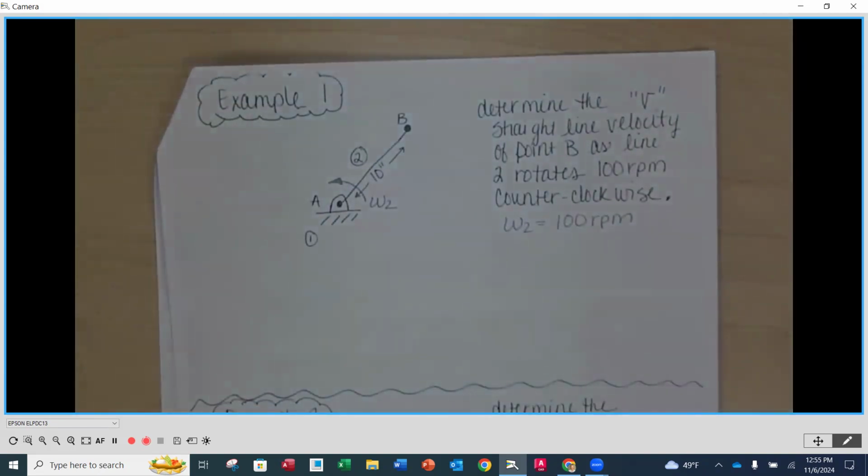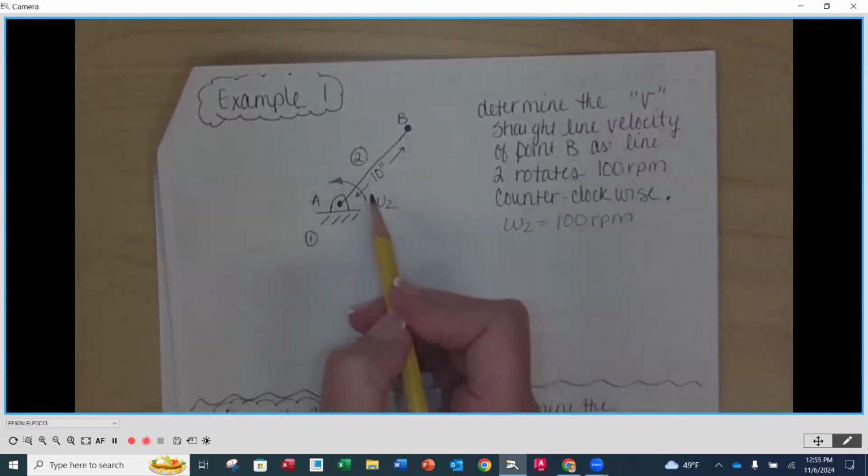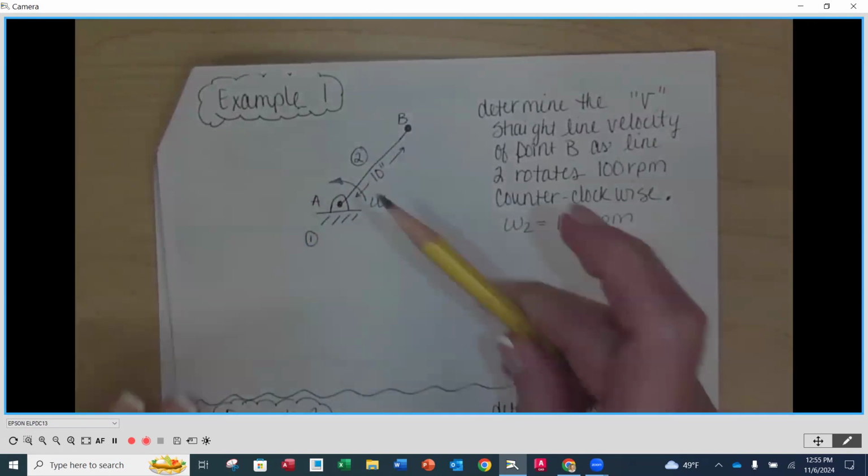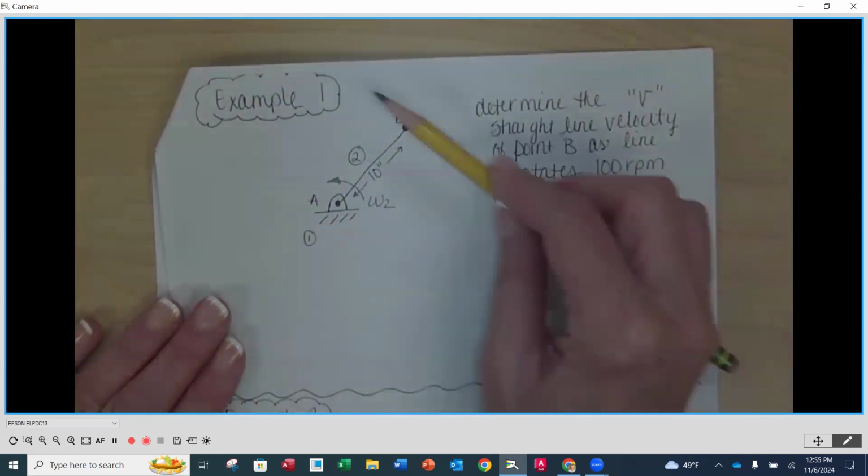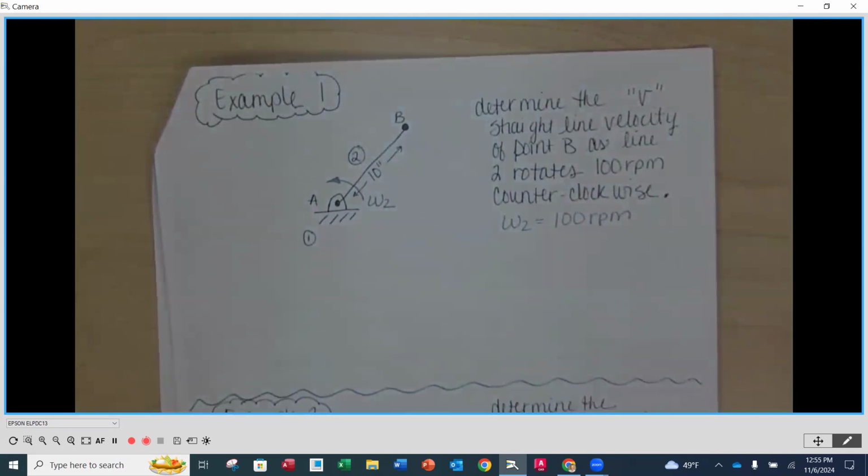So we want to draw the velocity vector showing the relationship of that straight line velocity of point B as it rotates on this link. To do that, we want to keep in mind its direction. Number one, we know that our velocity has to go in the direction of rotation. In this case, this is rotating counterclockwise, so we would expect it to be going that way. The other thing about direction is we want to show it perpendicular to its radius back to the center of rotation.